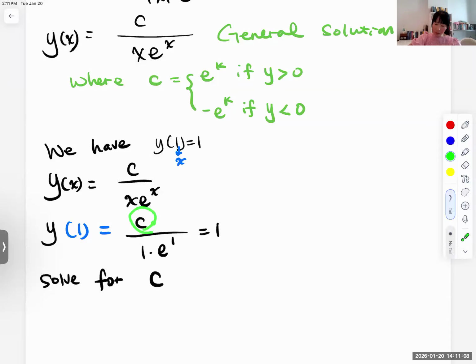So c is here, and we have e here. So we want to make it 1, so c must be e to the first power to make 1 for the fraction, right?